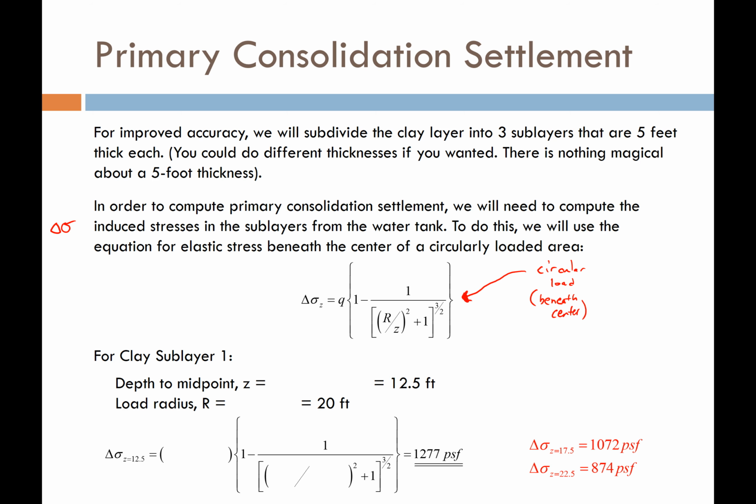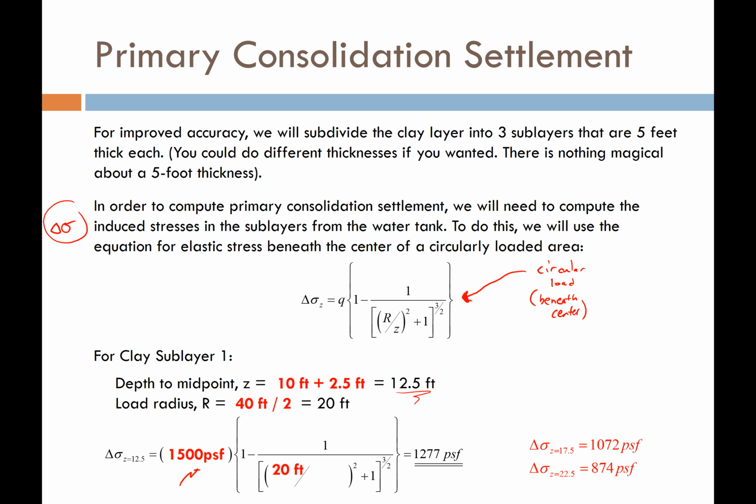So let's compute the induced stress at the midpoint of the first sublayer, which is again 12.5 feet below the ground surface. Remember, because the diameter is 40 feet, the load radius is just 40 feet divided by 2. So here we go. We're going to use this equation right here. Plug in q, 1500 PSF.